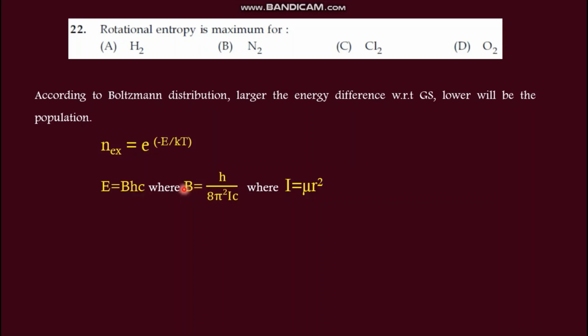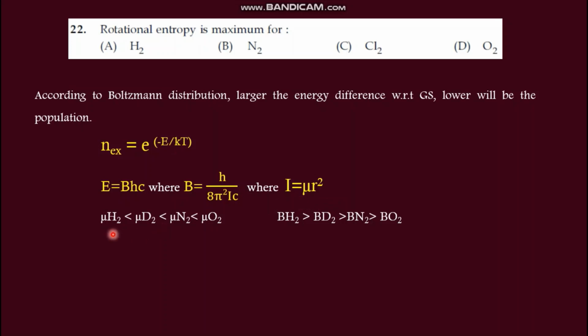The rotational constant B we can write as h by 8 pi square I c, where I is the moment of inertia, that is given by mu r square, where mu is the reduced mass, r is the distance between the two atoms, and c is the velocity of light. Now we have nitrogen, hydrogen, chlorine, and oxygen.